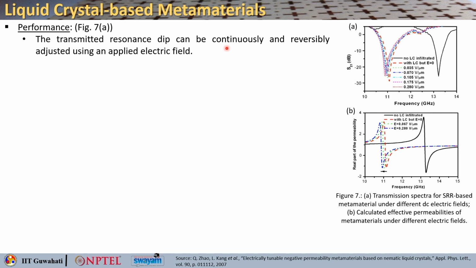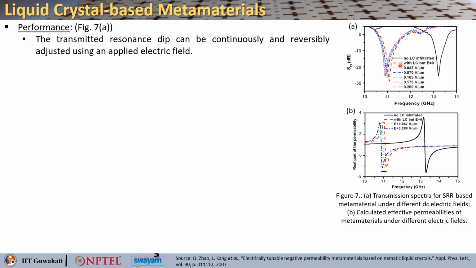Now, when you calculate the S21 from this kind of a system, you can see there is a transmission dip through this metamaterial, and the black solid line shows that there is no liquid crystal put. As soon as you put the liquid crystals, the peak shifts to this red position, and this is when no electric field is applied.